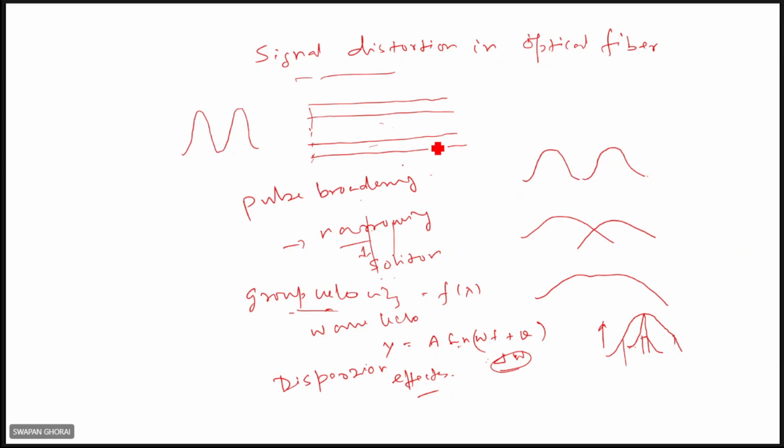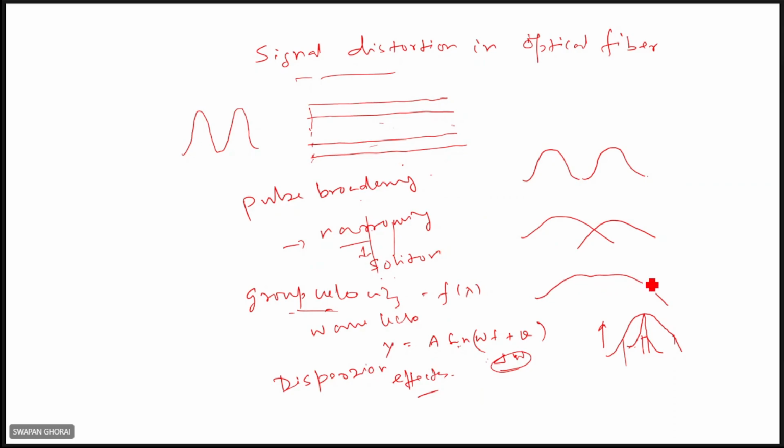It is very narrow. If it is broadened, then its data rate will be degraded, right? Because of this propagation. Suppose some data is there at 10 Gbps, and you're propagating through the fiber. At the end, you will not get the 10 Gbps. Data rate will be reduced, because this pulse shape will be broadened. Ultimately, they will overlap, and you will not be able to recognize the original pulse.